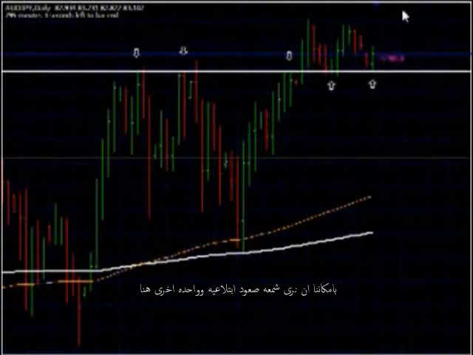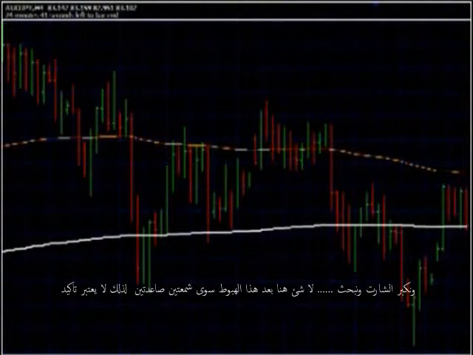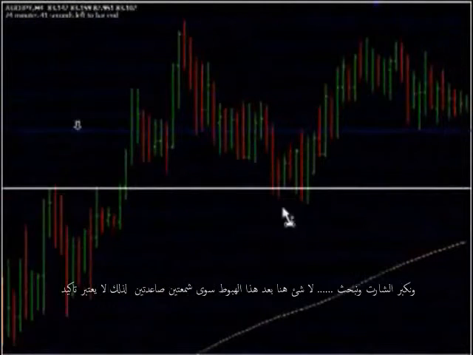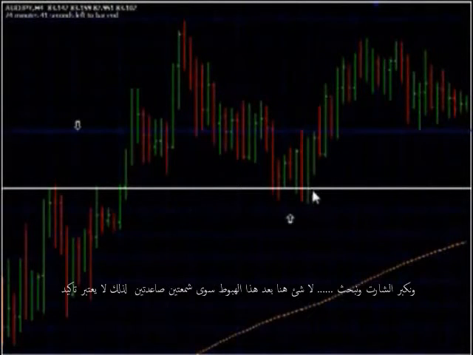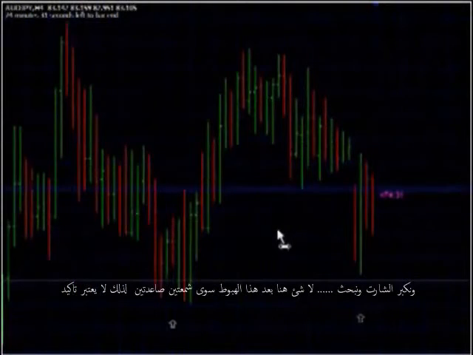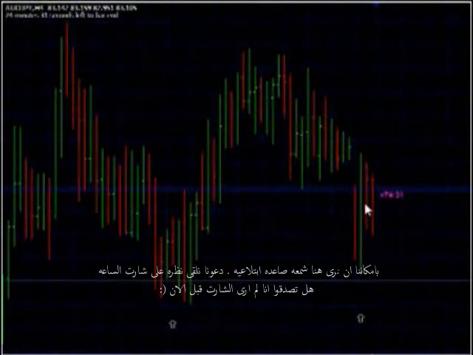We can take this up, or we can zoom down to the 4-hour chart to find any. We have a slight pin bar here, nothing really, just a 2-bar high and a bullish bar, not really a confirmation. And we can see another one here. This is a bullish outside bar.